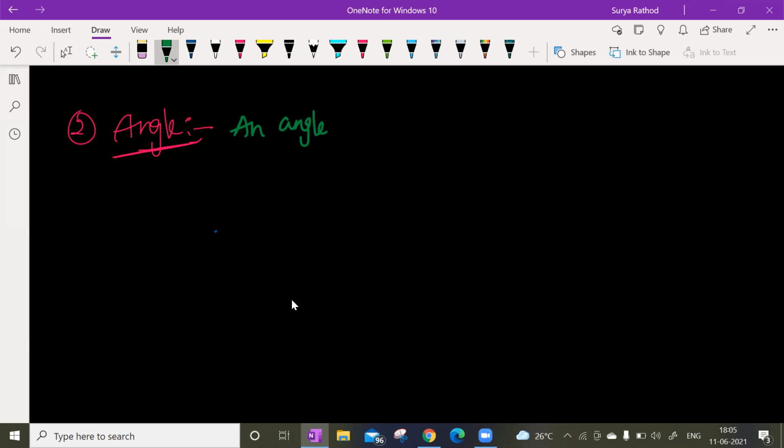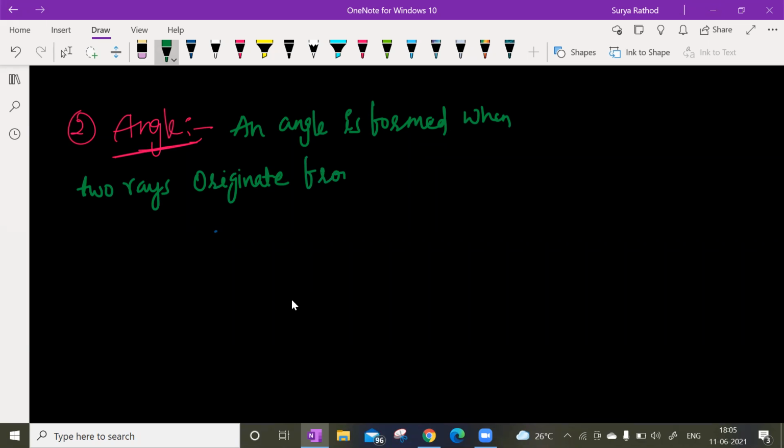An angle is formed when two rays originate from the same end point. Clear? Same end point.